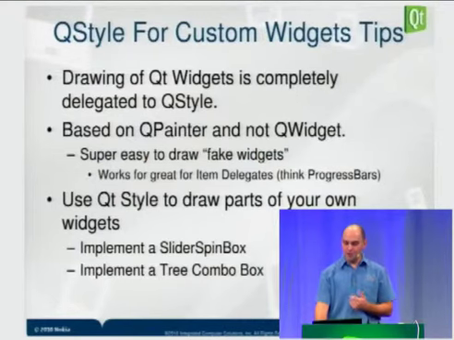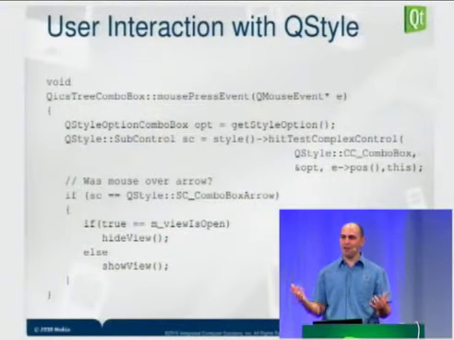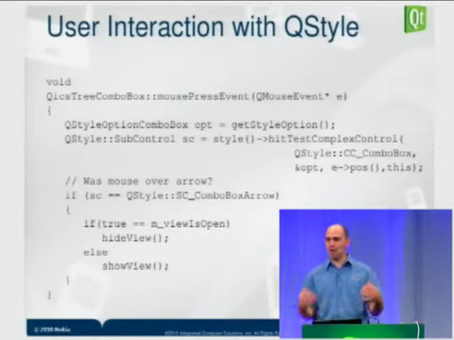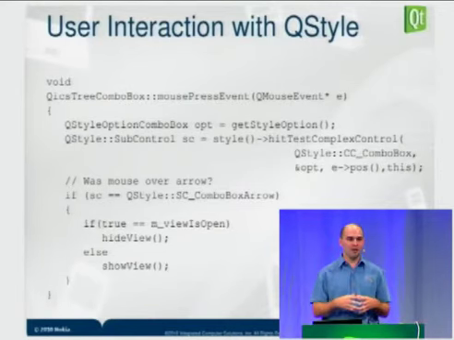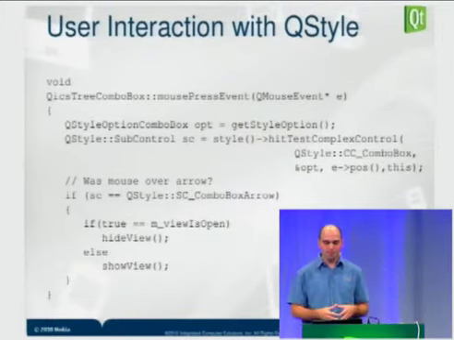Well, what you can do is use the style engine to tell you where objects are. There's this concept of a sub-element. So for our combo box, we need to find out where the button is that the user can press to pop down the tree. And that's actually pretty easy, because we make our options again. We tell the style engine our size, and that we have a button, and that we're editable.